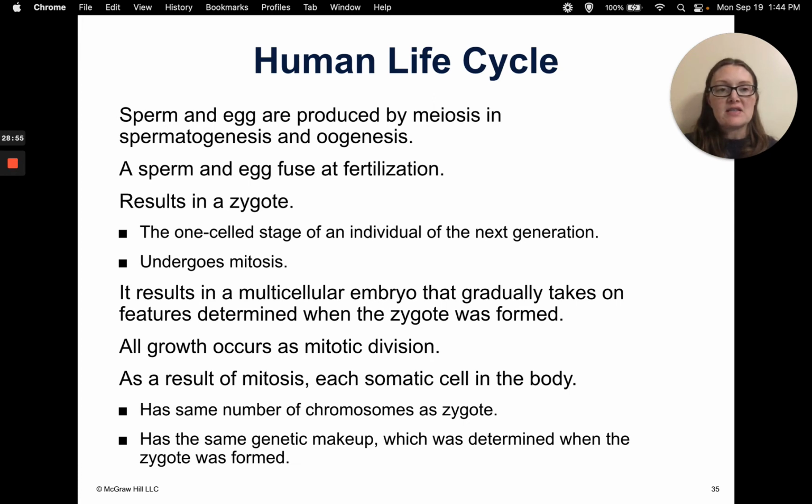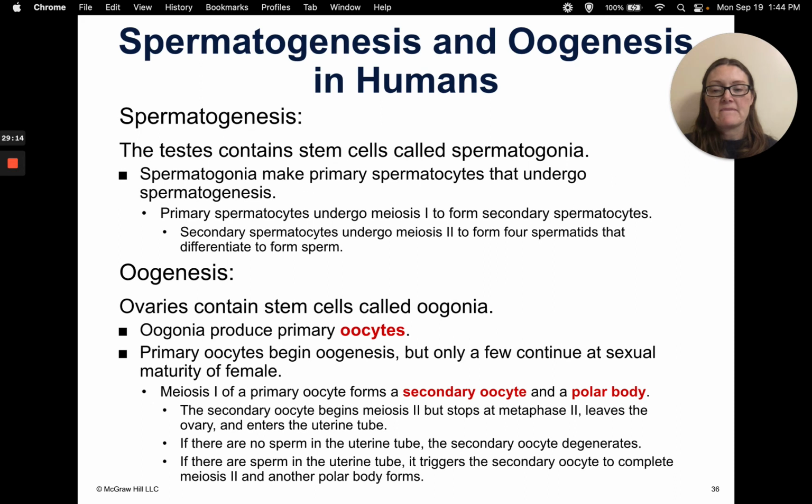Eventually, we're going to see that number continue to double and double and double in order to make an embryo. It takes a little while to get to that point, obviously. And the result of this is because of mitosis, because the original cell is going to go through the mitosis process to grow.